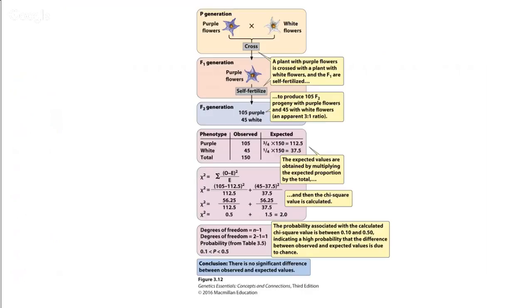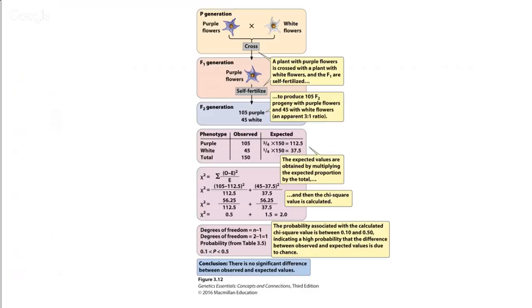So purple flowers must be dominant because the F1 generation is filled with purple flowers. In the F2 generation, we can see that the majority, approximately 3/5, or 2/3, I'm sorry, of the generation is purple.